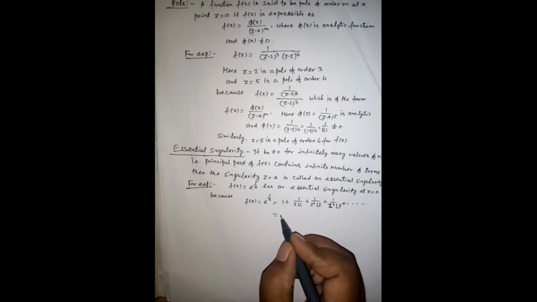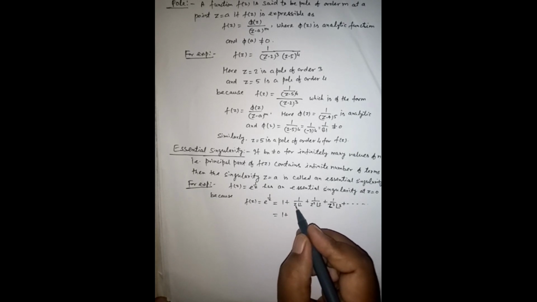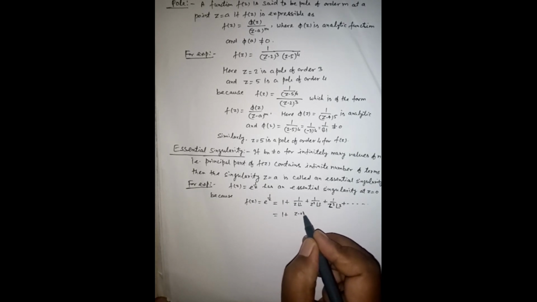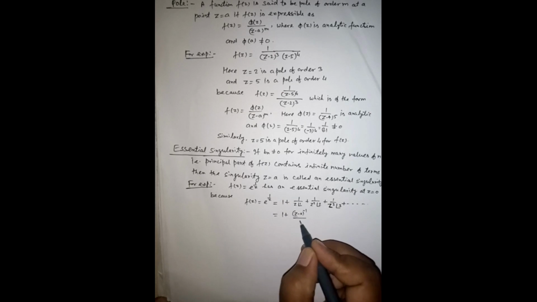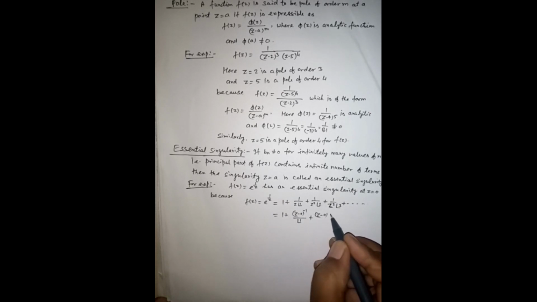This may be written as 1 plus (z minus 0) power minus 1 upon factorial 1 plus (z minus 0) power minus 2 upon factorial 2 plus (z minus 0) power minus 3 upon factorial 3 plus and so on. So these powers are negative.